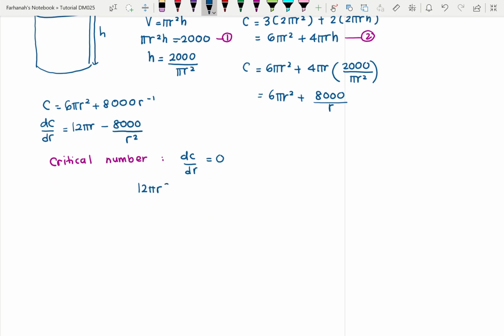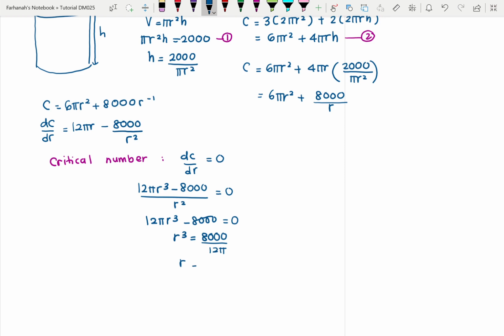So kita dapat 12 pi r cube minus 8,000 over r square equal to 0. r square kita bawa ke kanan habis. So jadilah 12 pi r cube minus 8,000 equal to 0. Okay, so from here, rearrangekan dia, awak akan dapat r cube equal to 8,000 over 12 pi.